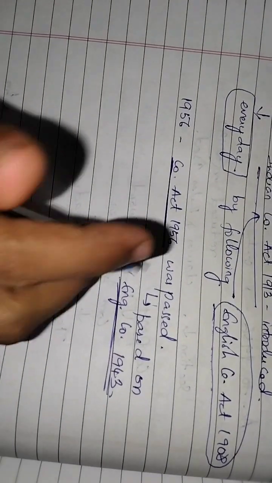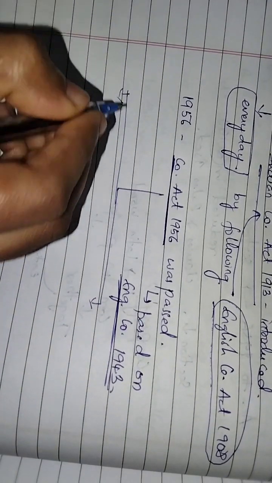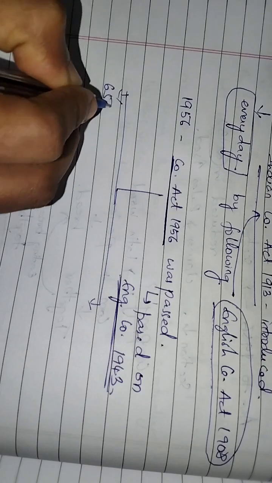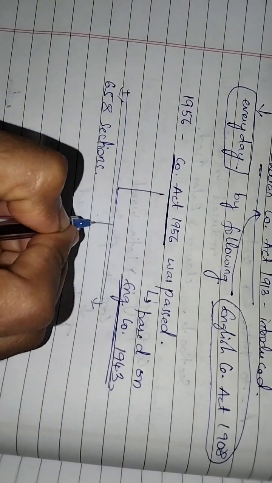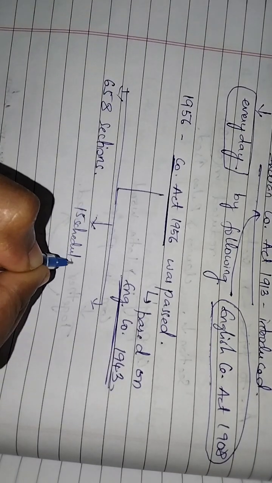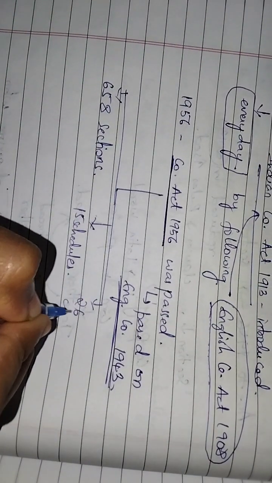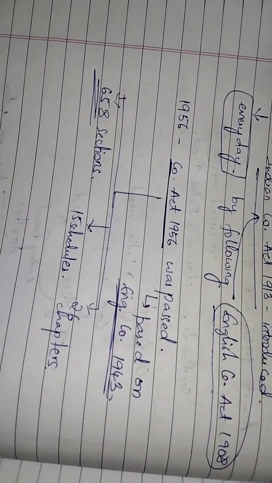What is there in the Companies Act 1956? How many sections are there? There are totally 658 sections, 15 schedules with 26 chapters. Don't you think 658 sections are too many to study?